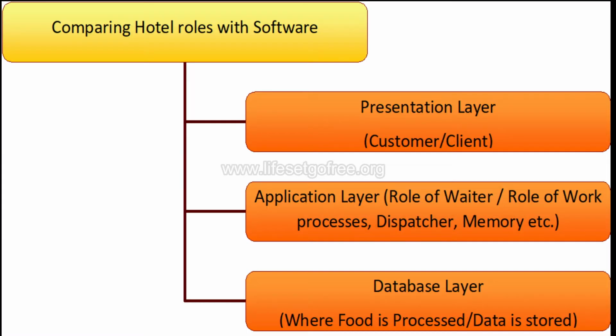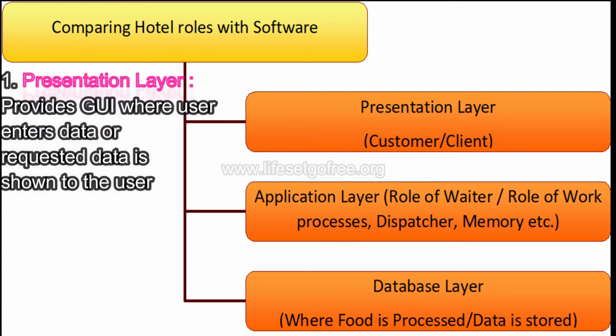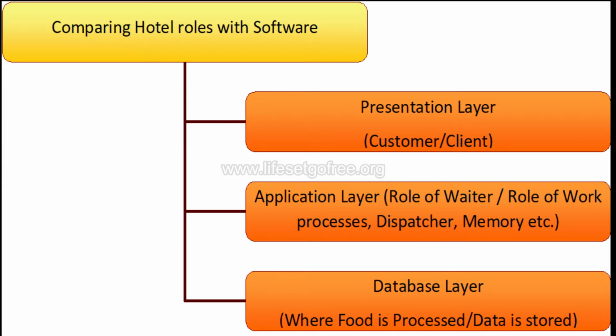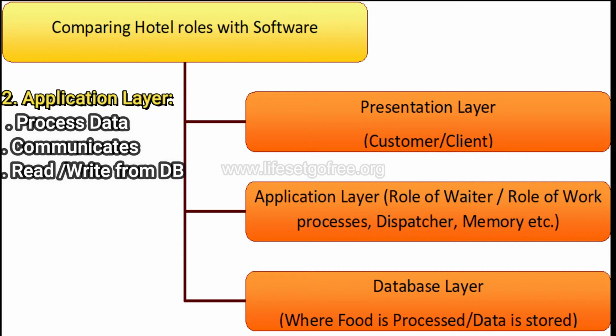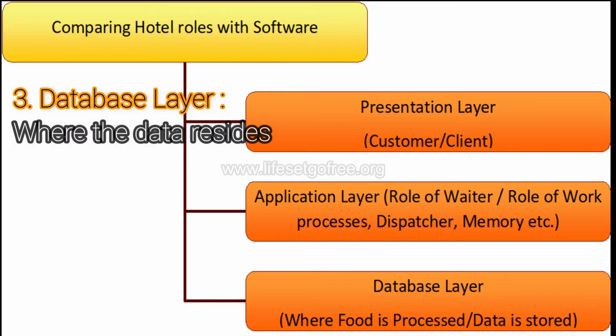If we divide it into three parts, the first is where a computer is requesting some information, and some software component is doing the process to get the information, which is the part of the waiter, and the real data is residing somewhere on some computer, which is another part.